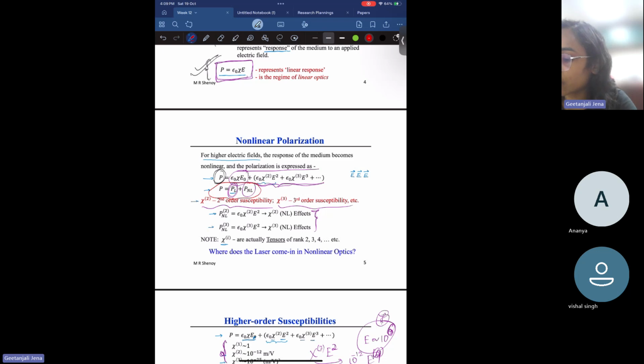The non-linear term you can write as a summation of terms consisting of epsilon chi into E, where chi is a tensor of second order, third order, and then fourth order. So I think Ananya, you have a doubt.